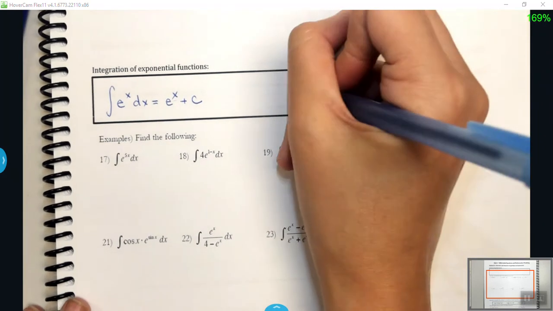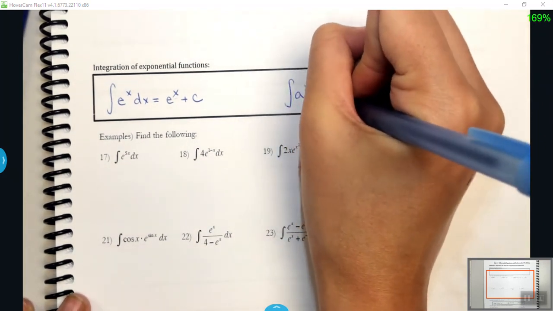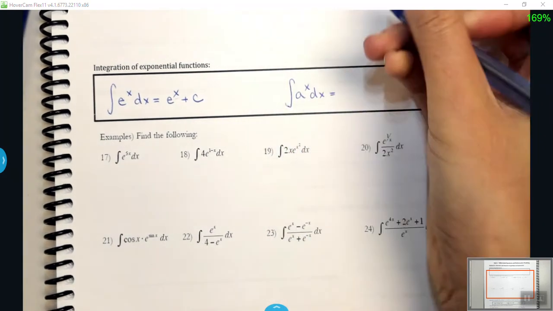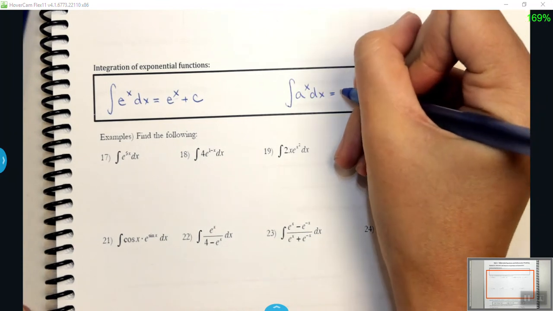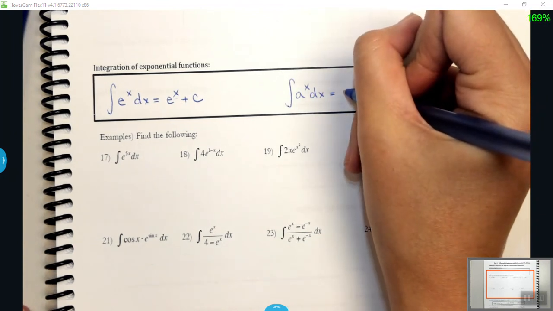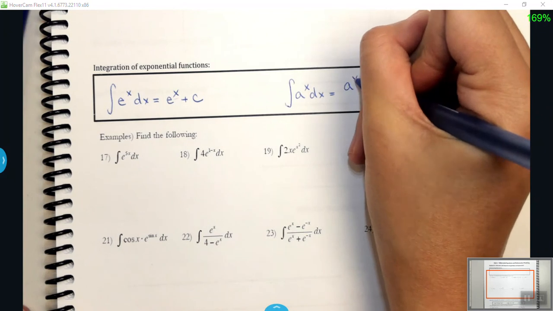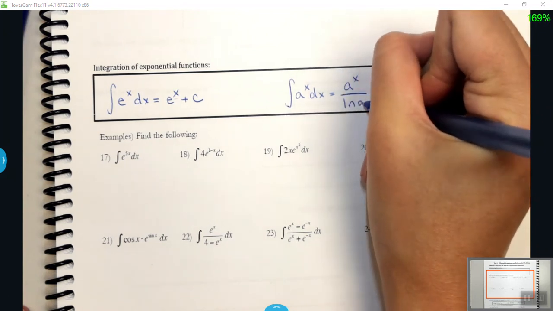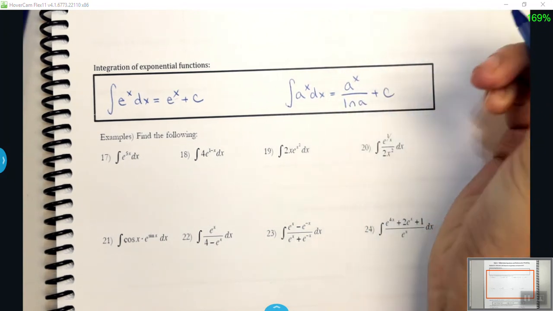And then integral of a to the x is a to the x divided by natural log a plus c. So you just divide instead.